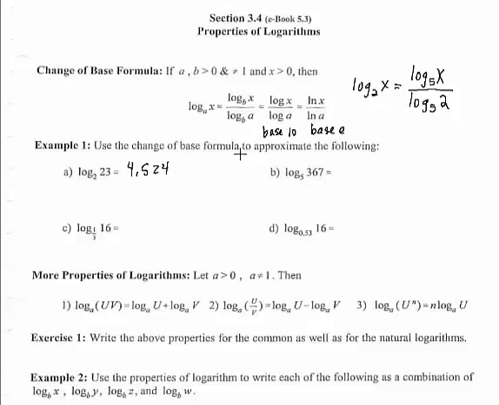So if you have a calculator that can't do that, you would need to use either the common or the natural base. So let's say we used the common, log base 10, and I don't have to write the 10, that would be understood. And then we want to use the 23 as the argument of the numerator, and then the 2 as the argument of the denominator.